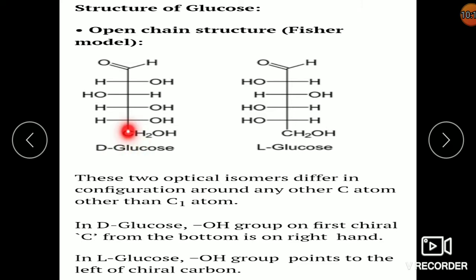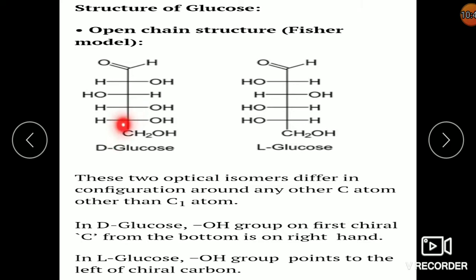Next carbon, you see, on one side is this big group, the second valency is with the OH group, the third valency is with hydrogen, and the fourth valency is with CH2OH, which is different. This side and this side are different. That means four valencies of this carbon are linked with different groups or atoms. So this is the first chiral atom from the bottom.